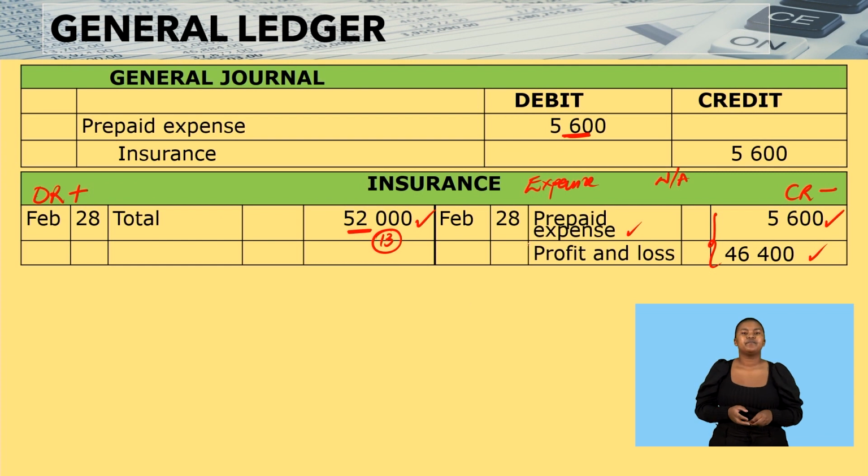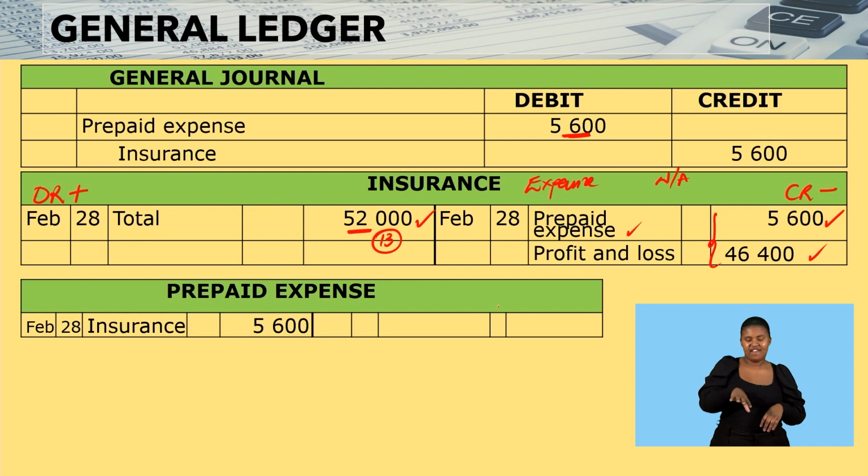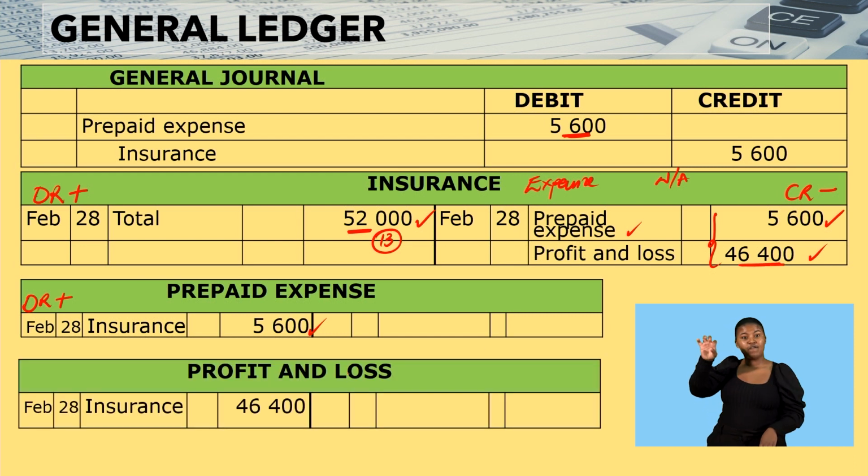Once you have your profit and loss, you come to your prepaid expense, which we consider to be an asset. So on the debit side, you say insurance 5,600. In your profit and loss account, you now have insurance of 46,400, to complete the double entry. This is what you do in the general ledger.